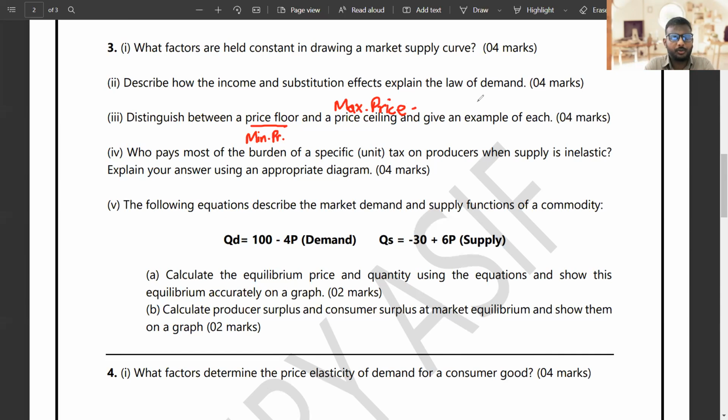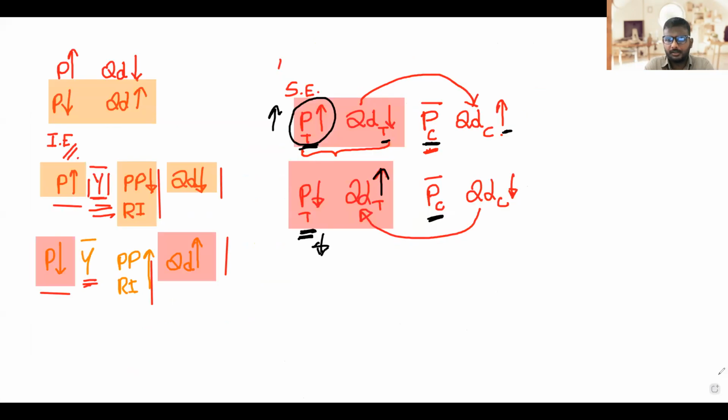So let's get down to it. First of all, can someone tell me what is this price floor? Let me type it.